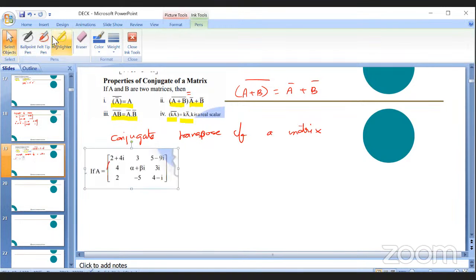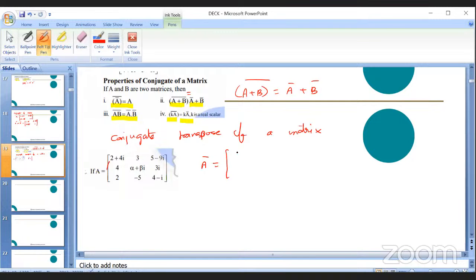This is the matrix A. First, we will take conjugate. 2 minus 4i, 3 plus 0i, 3 minus 0i. 5 plus 9i, 4 minus 0i will become 4 plus 0i. Alpha minus beta i, plus 3i will become minus 3i. 2 will be same, minus 5 will be same. 4 minus i will be 4 plus i.